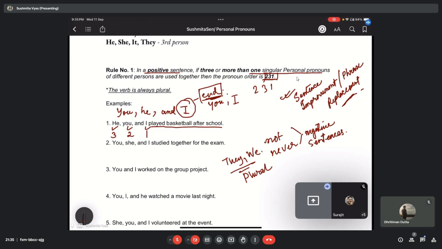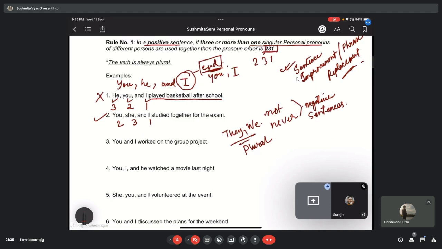Look at this question. You, she, and I studied together for the exam. Is this sentence correct, guys? Yes, this sentence is correct because it follows the order 231. Again, this sentence is correct. This is wrong. Look at sentence number 3. You and I worked on the group project.